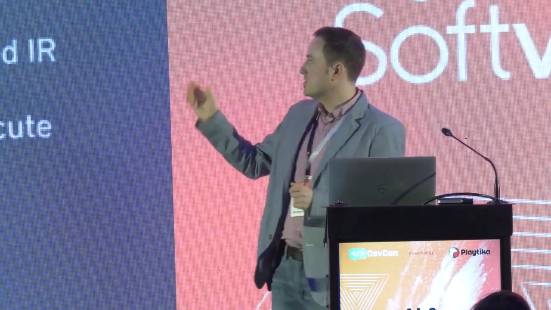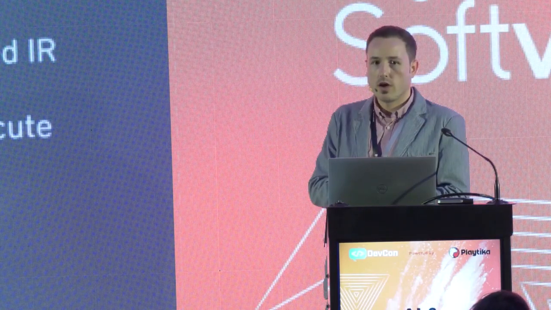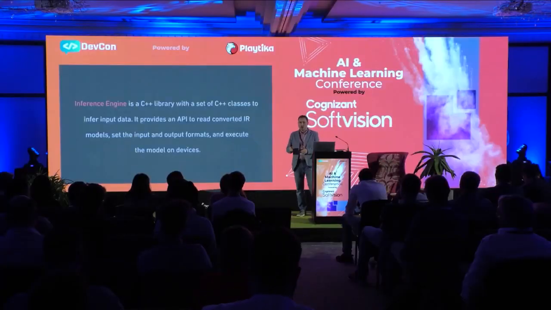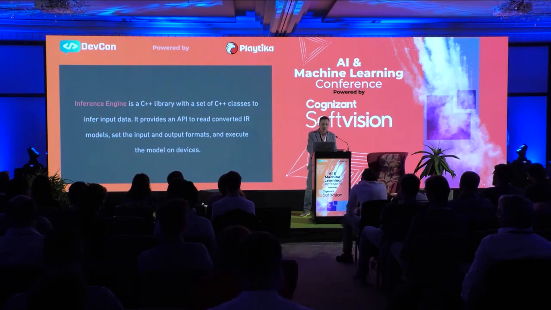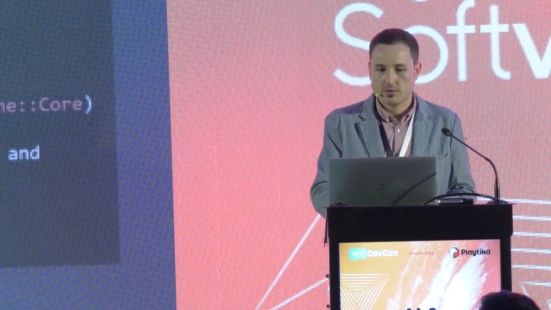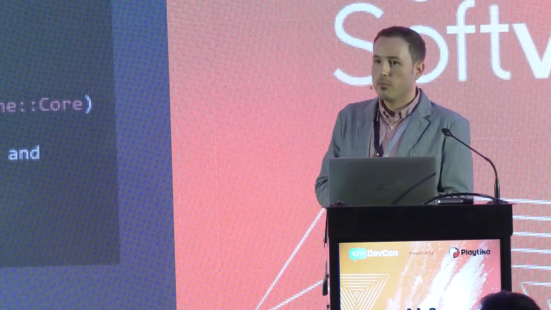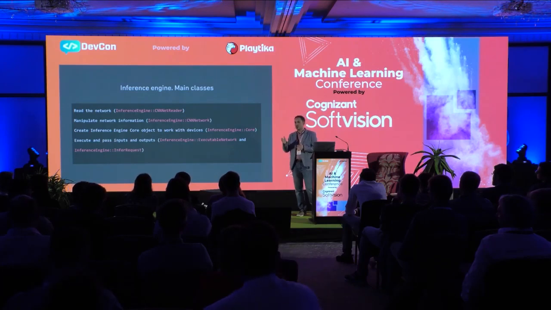So with inference engine, you have a library that allows you to load your IR models and then provides you an API to run those models on different hardware, get the outputs, and do cool stuff with them. So you have 4 main classes. You have one for reading the network, one for manipulating network information, you have one for creating an inference engine core object, and you have one to pass inputs and get outputs, right?